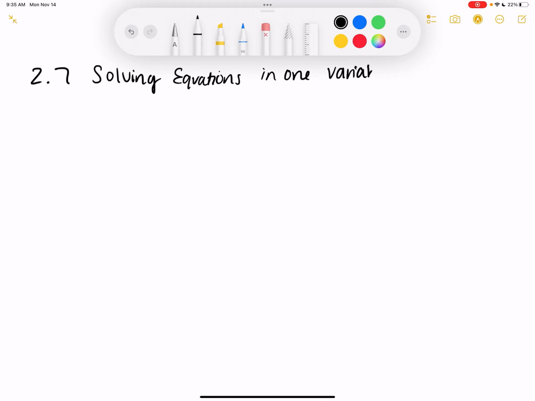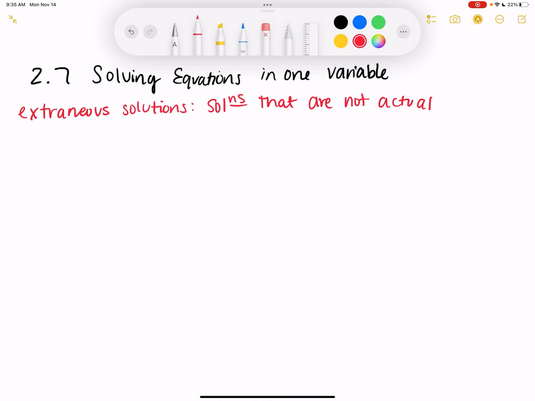So the really long notes here. Extraneous solutions are solutions that are not actually solutions of the original equation.